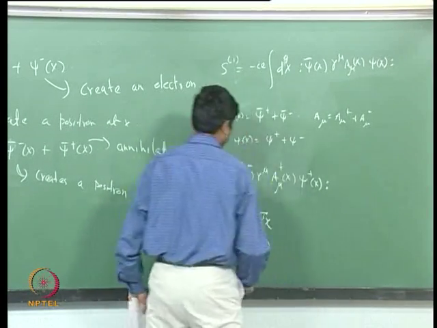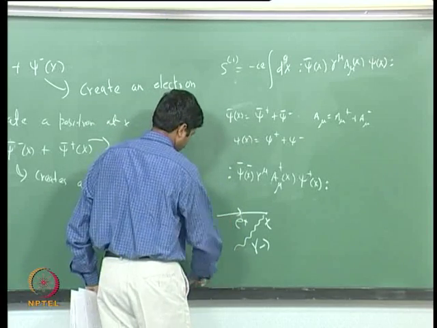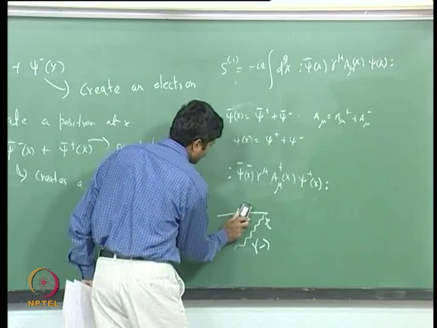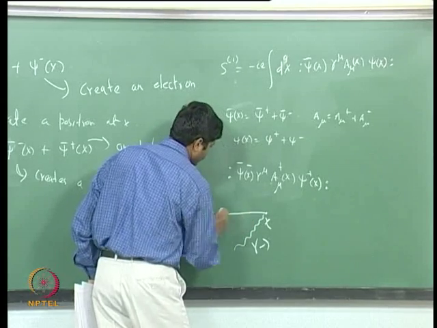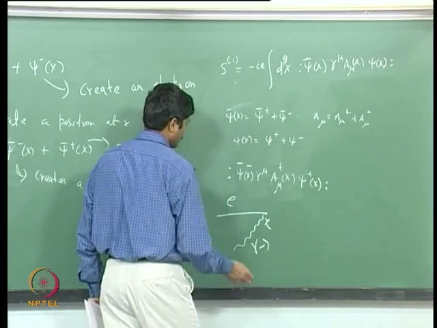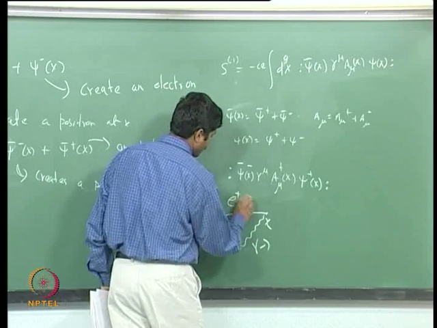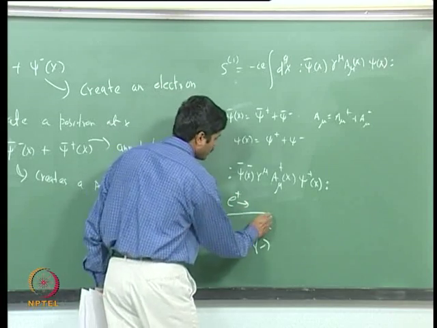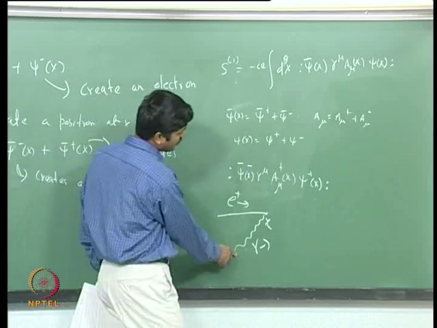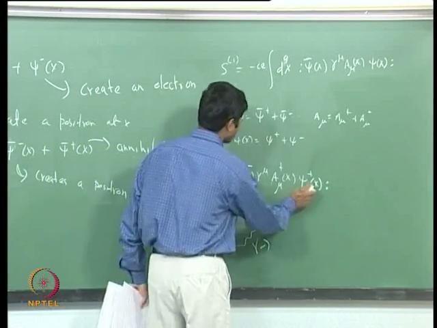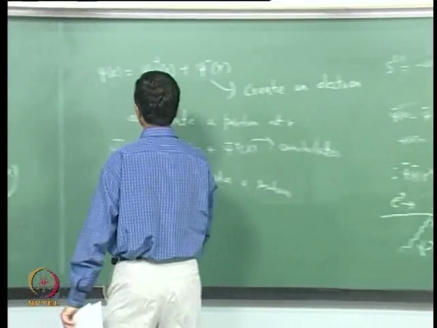So, you have an E plus, there is an incoming positron, there is an incoming photon, and then psi plus of x denotes annihilation of a positron.